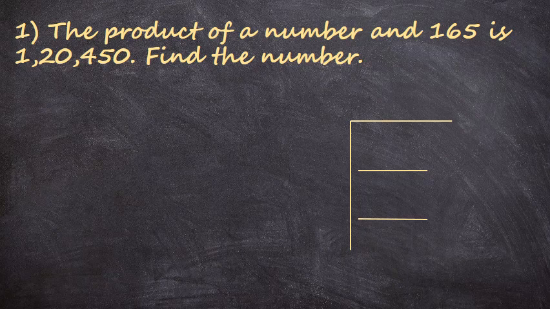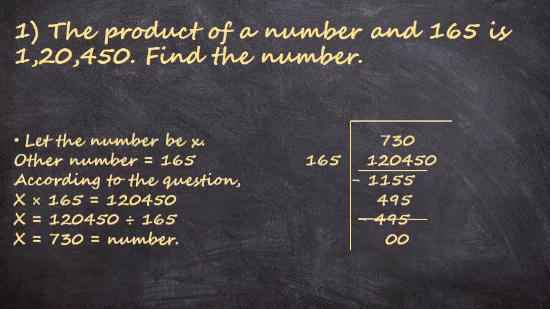The other number is 165. So the product of two numbers is equal to 1,20,450. Out of the two numbers, one number is 165 and the second number, which is unknown, you have to find out. Let's come to the solution.